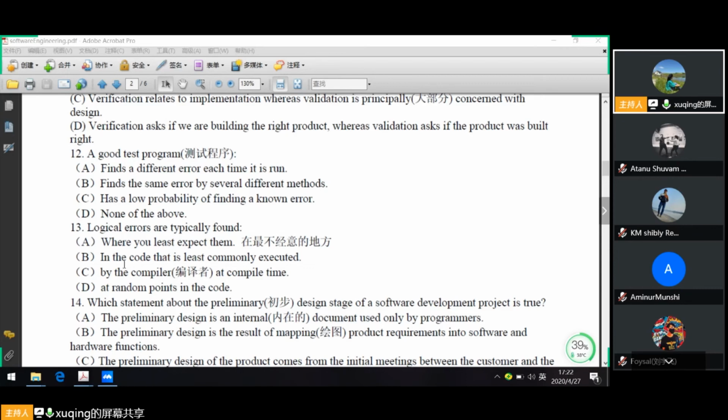That's why for 13, we choose A, where we least expect them. Okay, now I understand. You see, with this example, this error will not be recognized by the compiler. We'll parse it directly. We think it's correct.